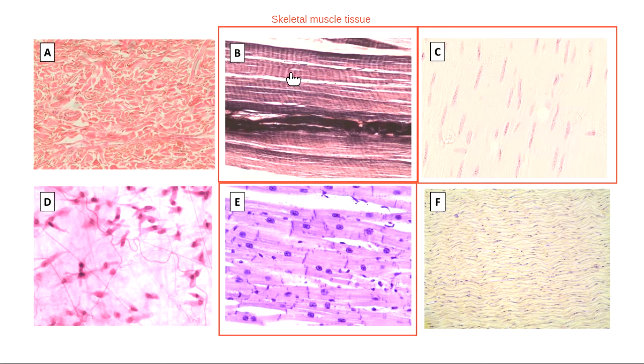So anytime you see muscle tissue with dark and light lines inside of it, it's a striated type of tissue. The only options are skeletal muscle tissue like I see here, or cardiac muscle like I see down here. So I'll label this one here, and then we'll go back and talk a little bit more about skeletal.